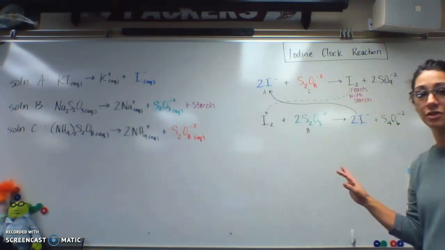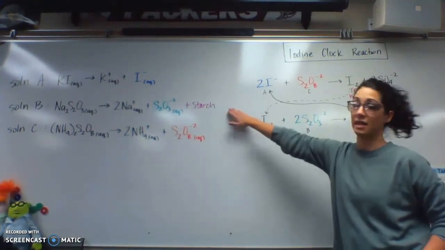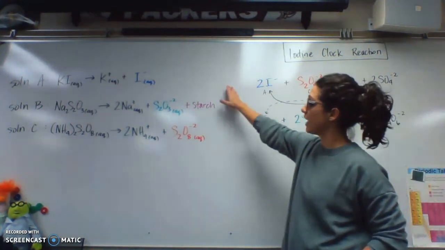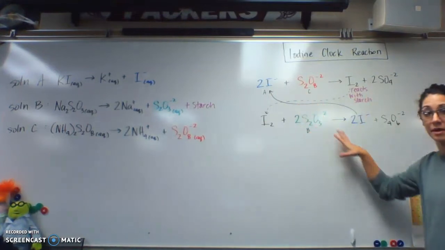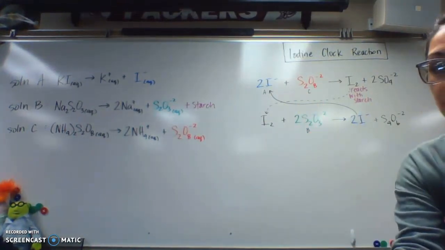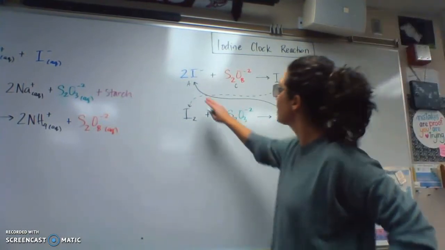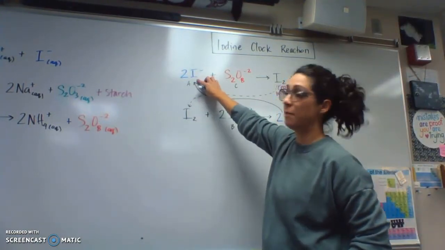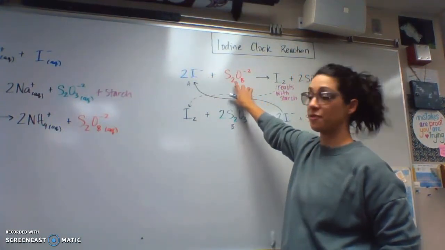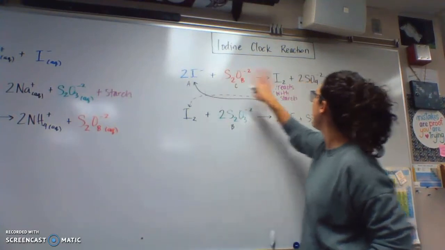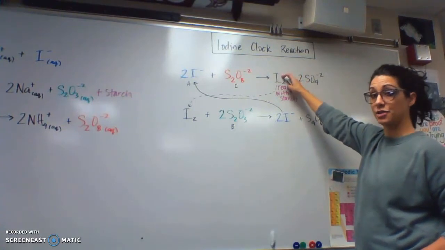What we're always going to do is start with solution B in a beaker, and then add A and C at the same time. Here's what's going to happen. The iodide from part A is going to react with the S2O8 -2 from part C. When these two react, you get some sulfate ions, but more importantly, you get iodine, I2.